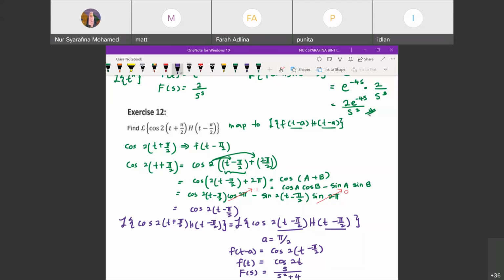Alright, okay. So you have your a, you have your f s, then this one will become exponent negative a s times f s, which equals exponent negative pi over 2 s times s over s squared plus 4. This is how we transform. Okay, clear or not?